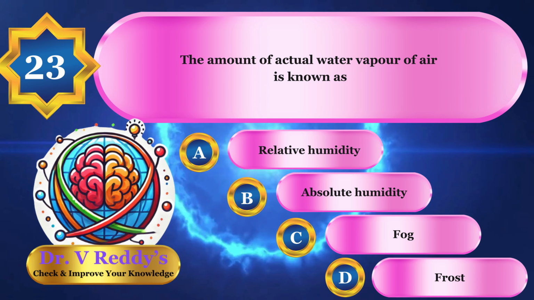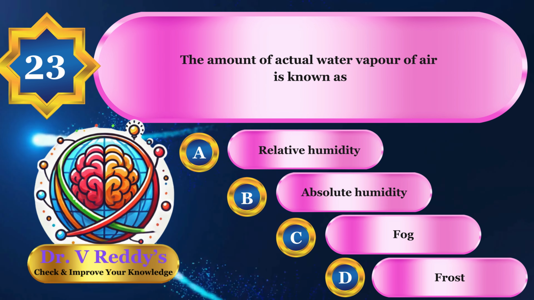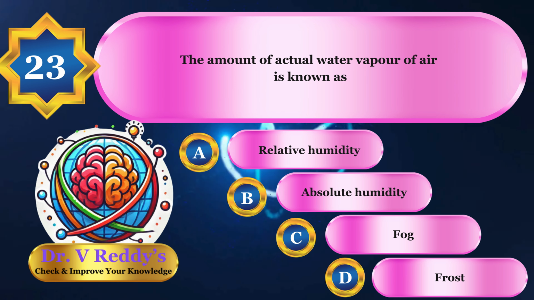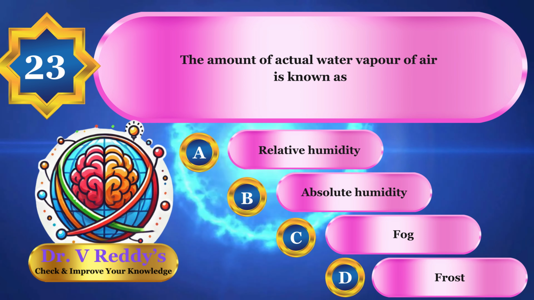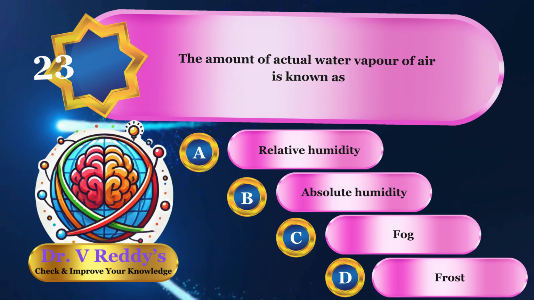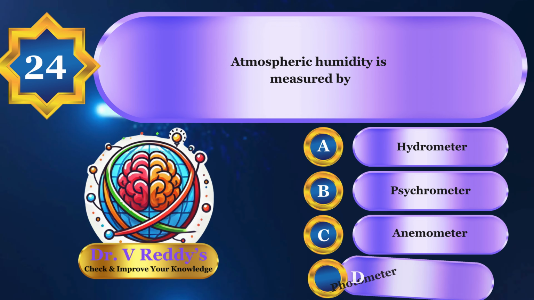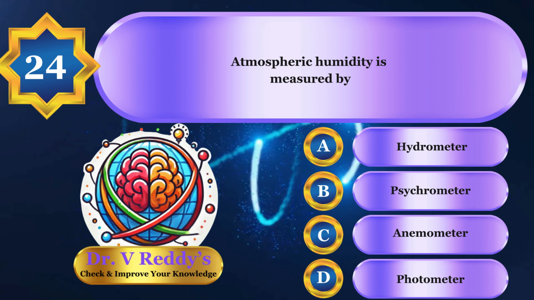The amount of actual water vapor of air is known as A. Relative humidity, B. Absolute humidity, C. Fog, D. Frost. 24.